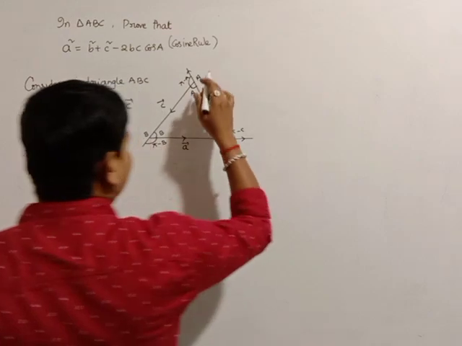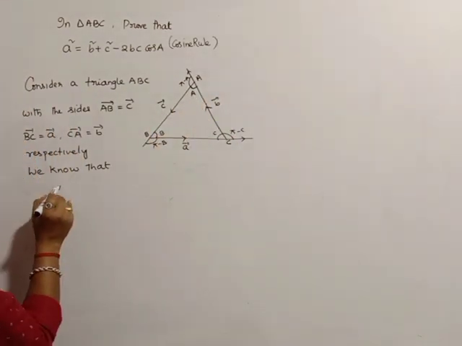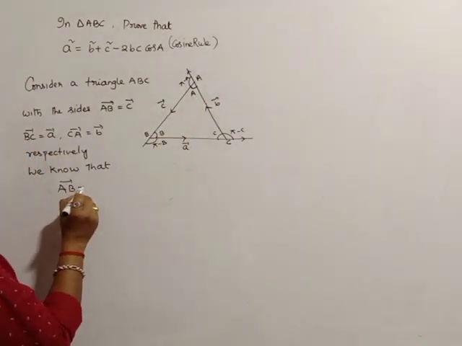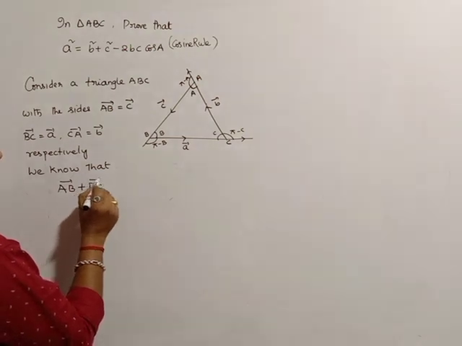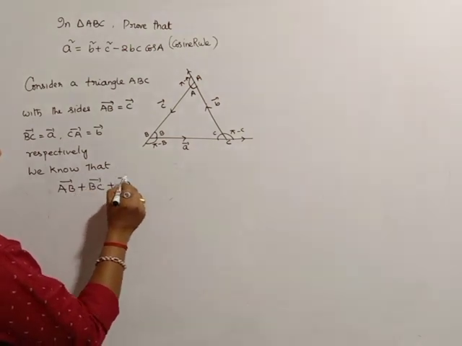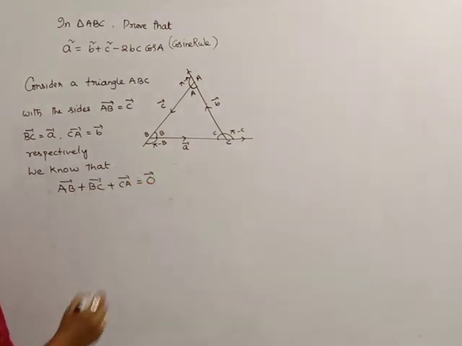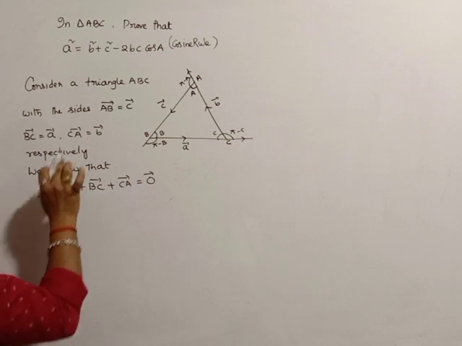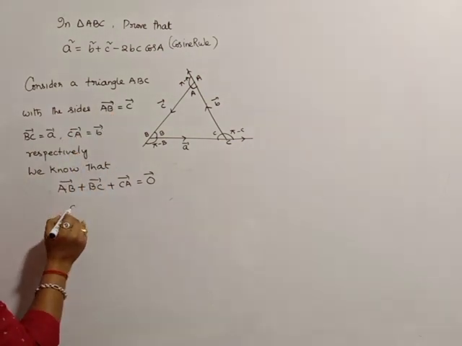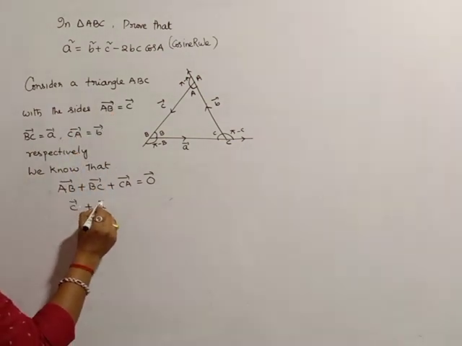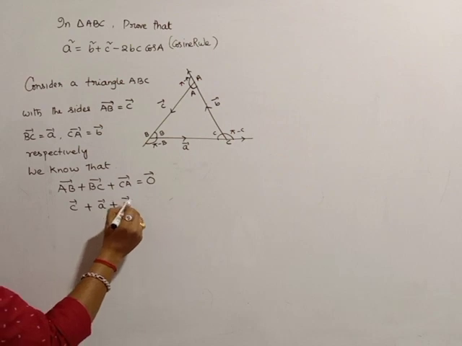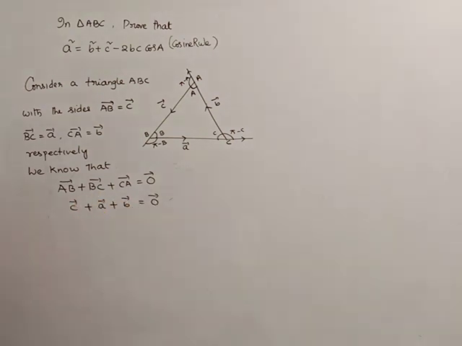So for a triangle, AB bar plus BC bar plus CA bar is equal to 0 bar. AB bar is C bar, plus BC bar means A bar, plus CA bar means B bar is equal to 0 bar.